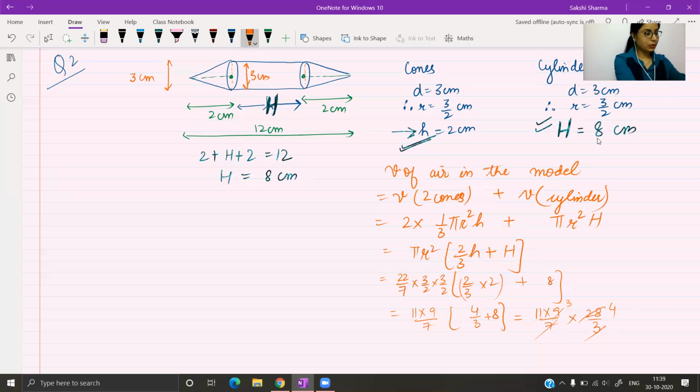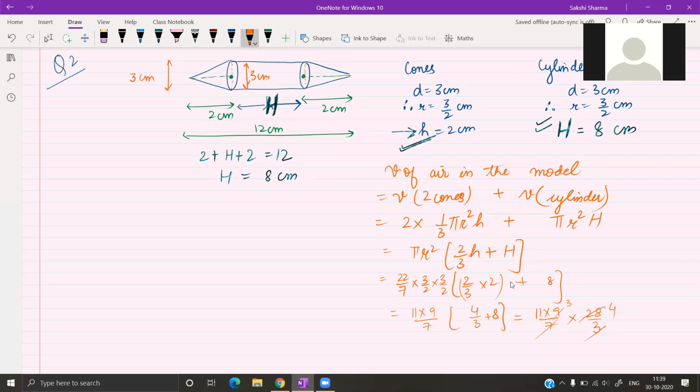Has anyone else calculated? Okay, why is the answer not matching? Did I miss something? Ma'am, at the back of the book the answer given is 66. That's what I am wondering. Why is the answer 66 centimeter cube? Ma'am, it might be wrong. Ma'am, like in the assignment also.